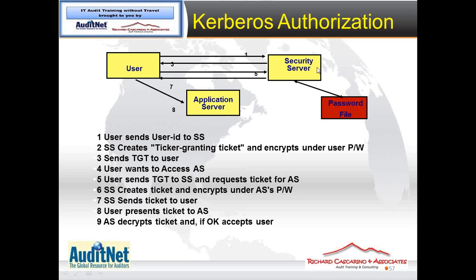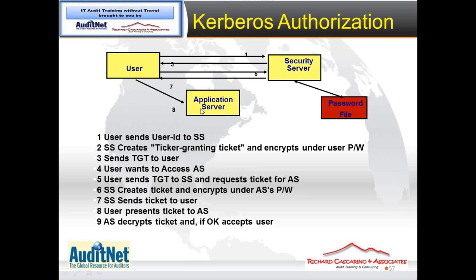The security server then creates a ticket and encrypts it with the application server's password, not yours, the application server's. Sends it to you. Now to you, it's garbage. You now present it to the application server, and the application server decrypts the ticket, and if it's okay, it will allow you in.